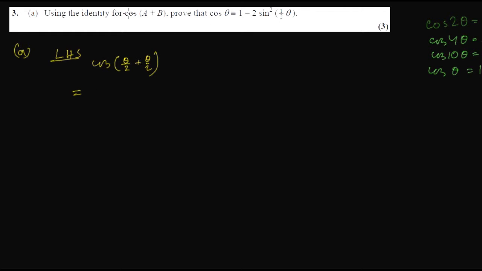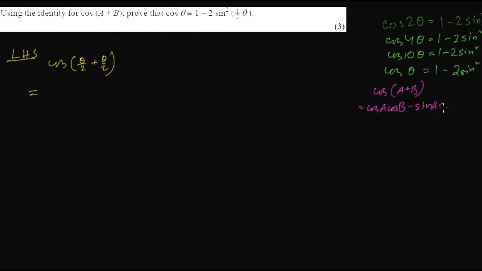So the formula for cos a plus b, let me write it down here as a reminder. Cos a plus b is cos a cos b minus sine a sine b. This will be given, but I highly recommend that you memorize this.